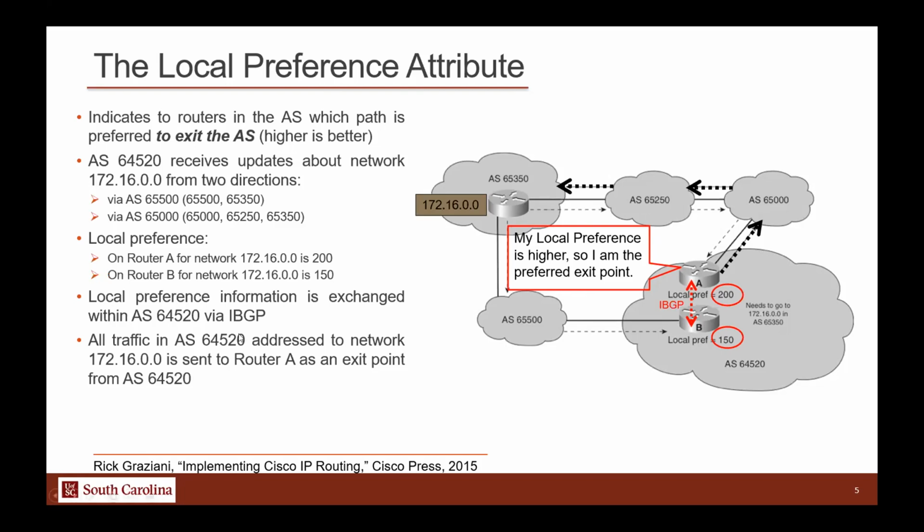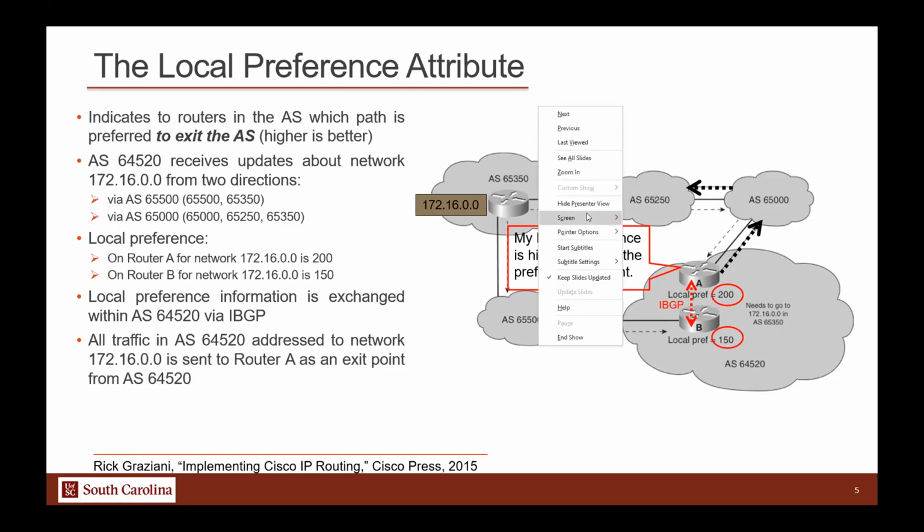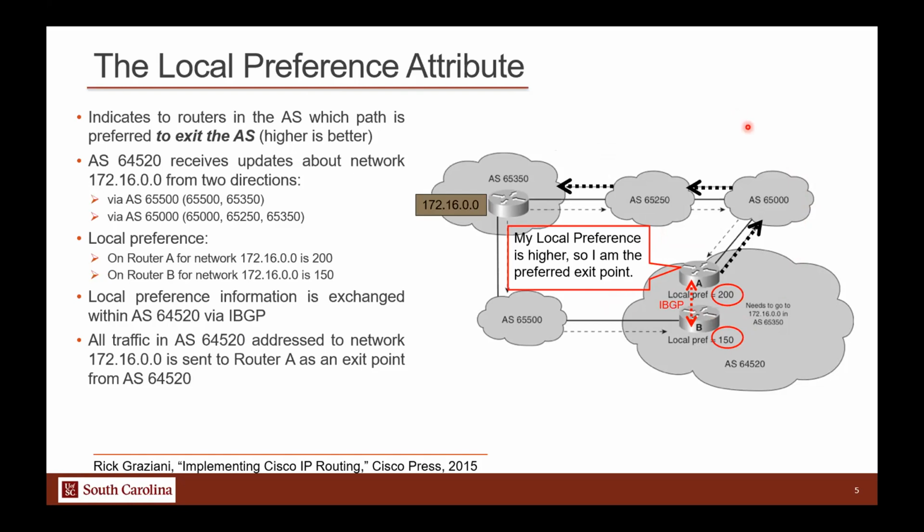So in this example, as we see on the right hand in this topology, we have autonomous system 64520 that receives routing updates from 172.168.0.0 through 2 paths or 2 directions.